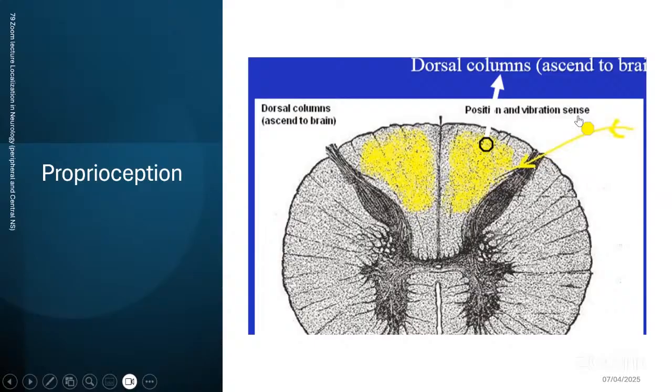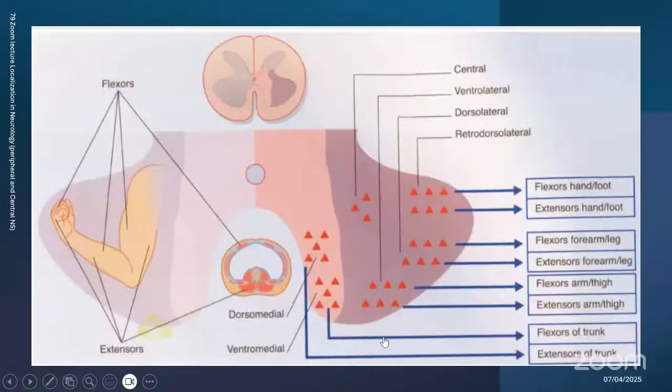So position and vibration sense are called deep senses. They ascend up on the ipsilateral side, and the pain and temperature cross to the other side and ascend up in the spinothalamic tract. So these are the dorsal columns, and that is the spinothalamic tract.